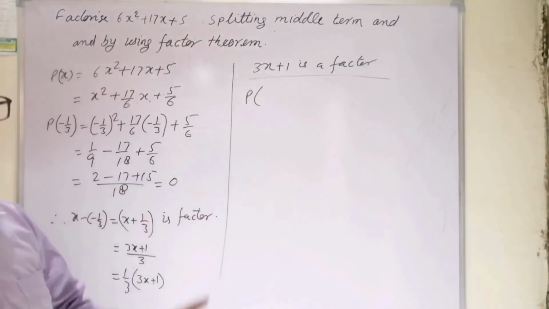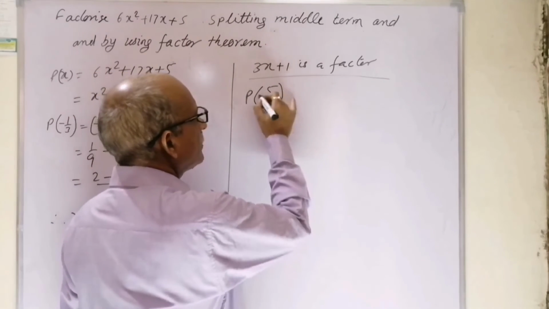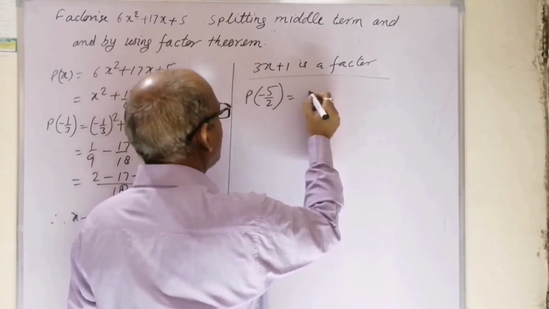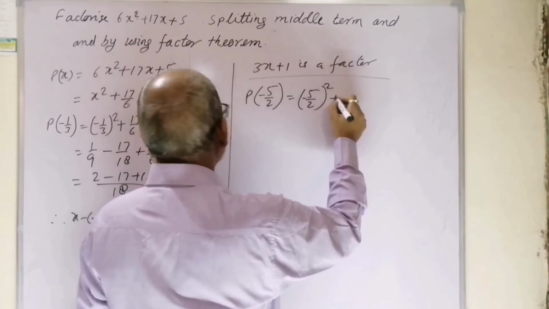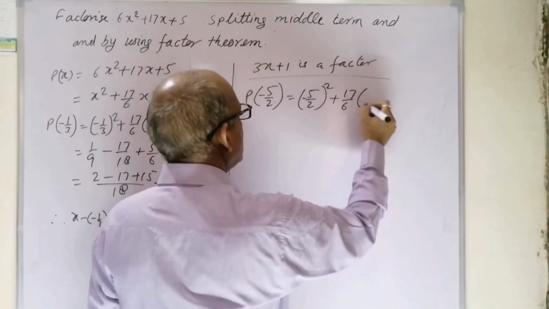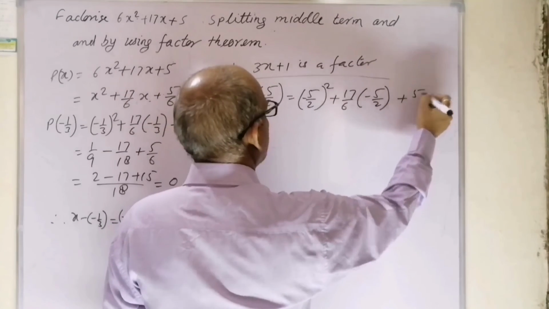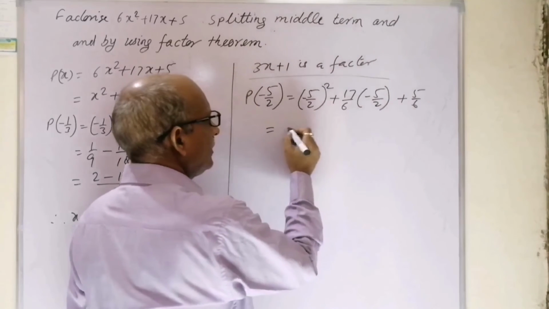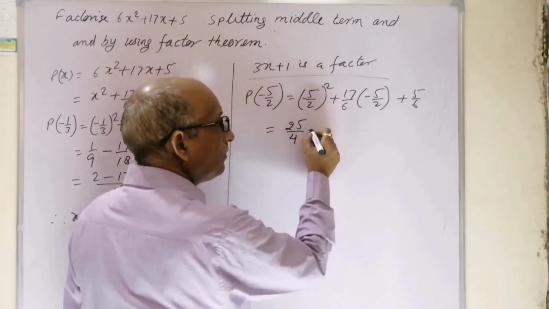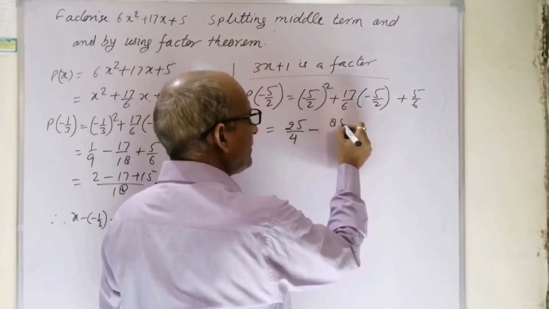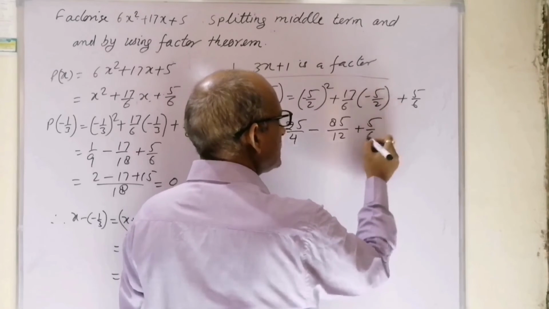Now I am taking 5 upon 2, but negative. So we will have minus 5 upon 2, that is squared, plus 17 upon 6 into minus 5 upon 2 plus 5 upon 6. What shall we have? 25 upon 4 minus 85 upon 12 plus 5 upon 6.